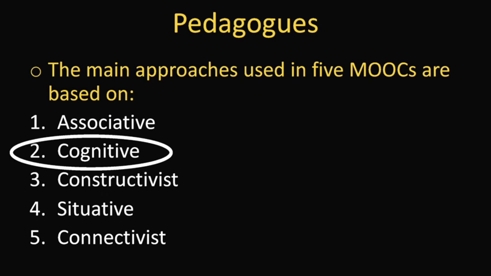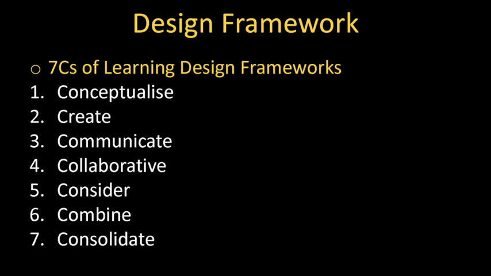So for my course, I want the learners to be able to retain the information that I'm providing them and reduce the cognitive load. So I'm using 3 cognitive pedagogies to help teach this course. In the same journal, the authors conclude that in order to create an effective MOOC, there are different types of design frameworks to help create an effective course so that user retention is increased.